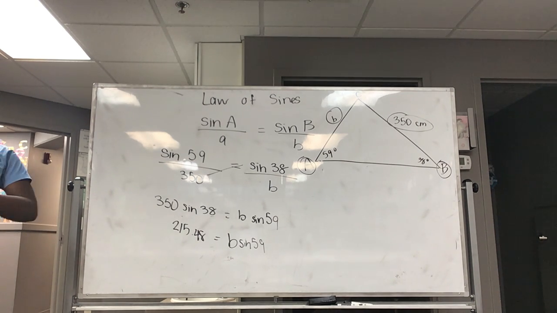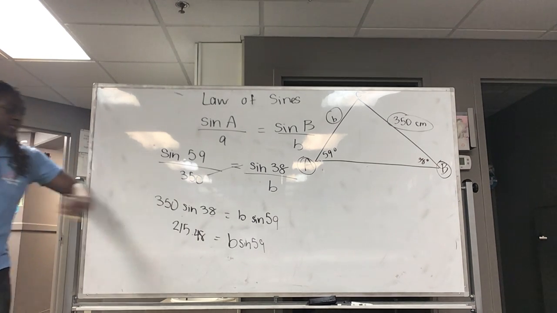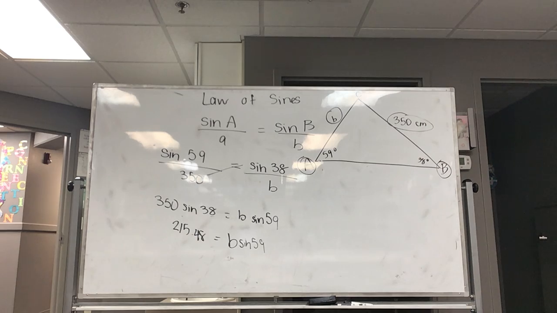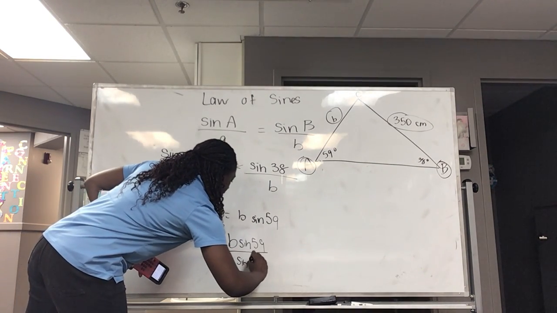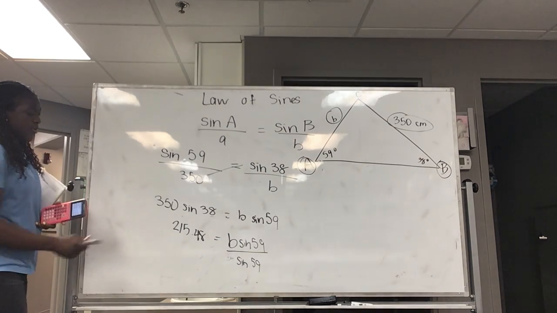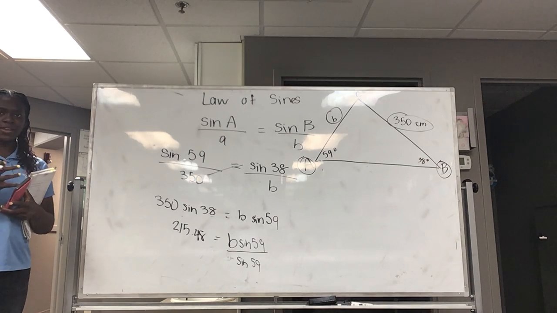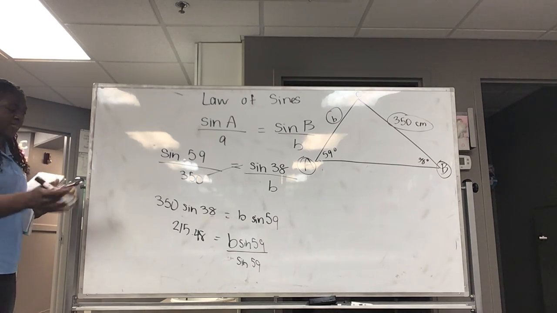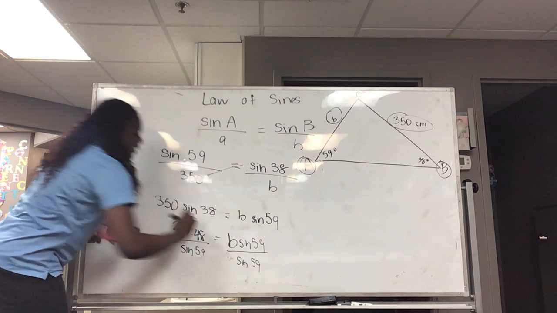Okay, and what we were searching for was b. So we want to get b alone, and in order to do that, I'm going to divide by sine of 59 on both sides. Up here I wrote 215.48, but if you have that full thing in your calculator, not rounded, just divide by sine of 59, and you should get your answer.